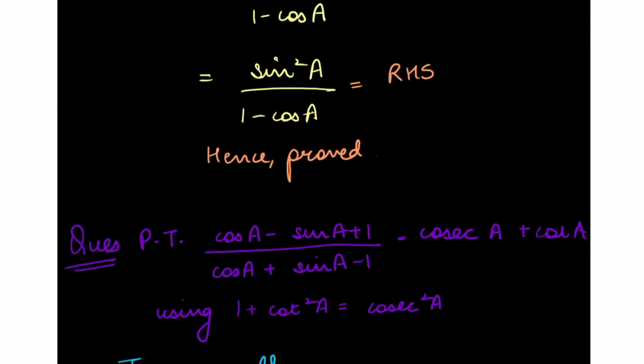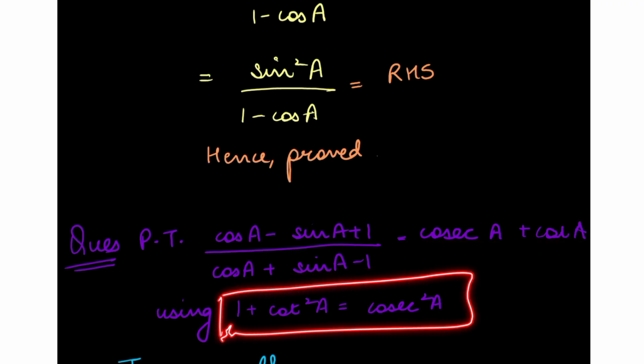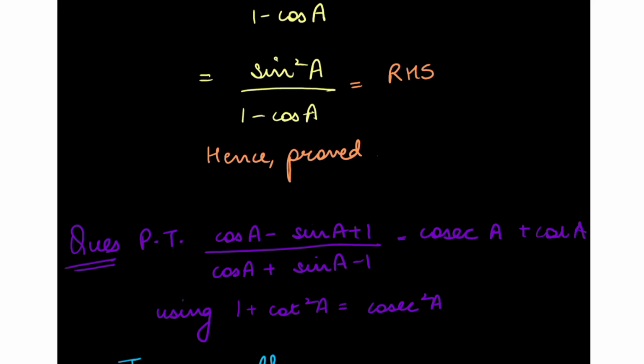Next question. (cos a minus sin a plus 1) upon (cos a plus sin a minus 1) is equal to cosecant a plus cot a. Using this identity, 1 plus cot square a equal to cosecant square a. Here it is of no use to convert it into sin and cos. What we can do is convert it into cot and cosecant. The right hand side expression is already in cot and cosecant, so we need to convert the left hand side.